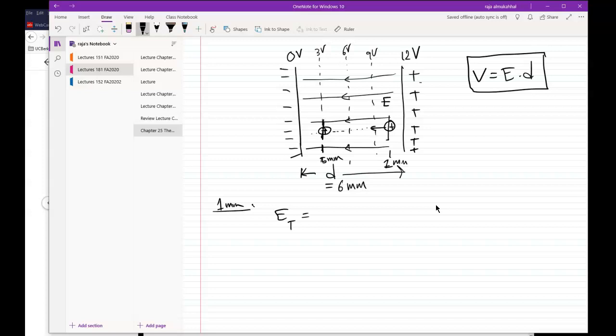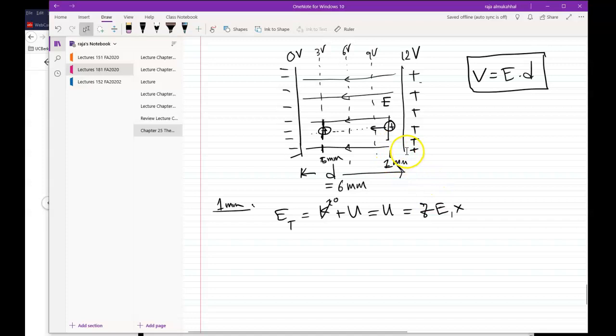Well, the total energy is going to be K plus U, correct? Assuming that the proton started from rest, let's say that the kinetic is 0. So we have just U. Well, what is U equal to? U is equal to QEx. I'm going to use x now, not d, because d is the separation distance. So what is x in this case?